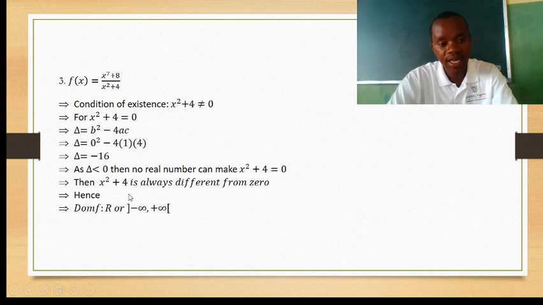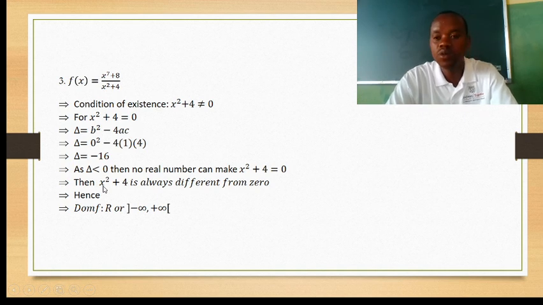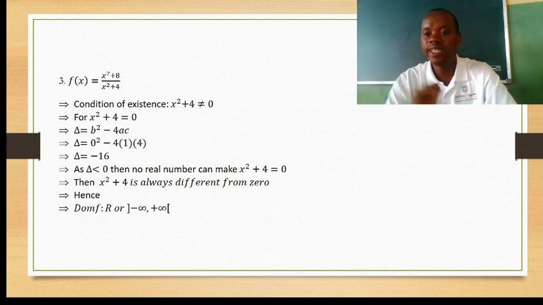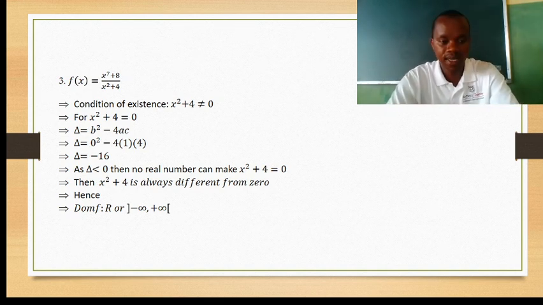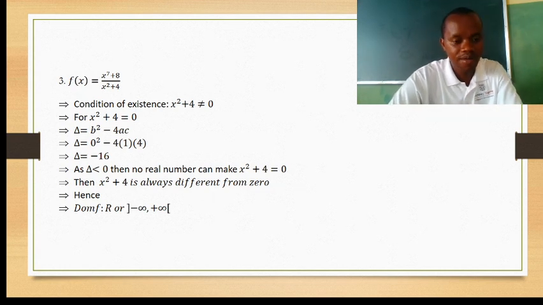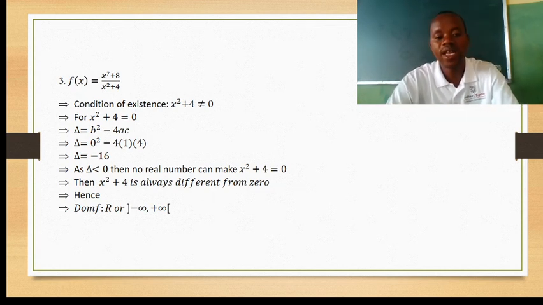In this case also, it means that no real number can make x squared plus 4 equal to 0. This means that x squared plus 4 is always different from 0 for any real number assigned to x, so the domain of definition will be all real numbers except nothing, meaning it is all real numbers, or from minus infinity up to positive infinity.